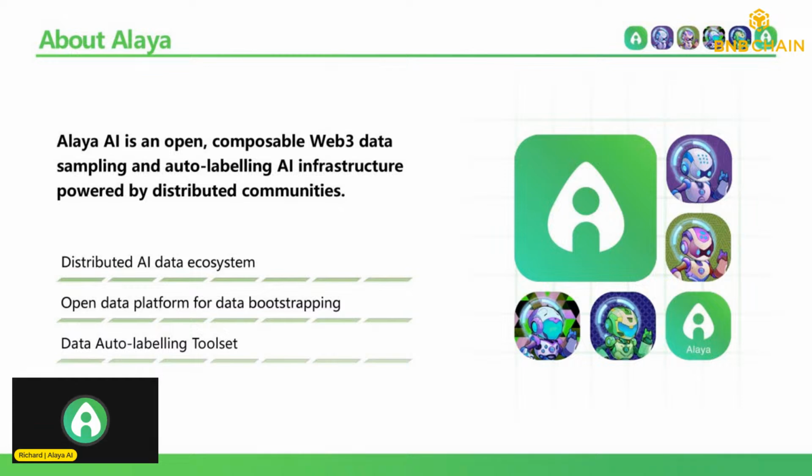So we'll get into this a little bit more deeper in subsequent sections. And finally, an AI data auto labeling toolset designed to supercharge decentralized AI projects through powerful pre-processing and automation features in affordable and customizable packages.